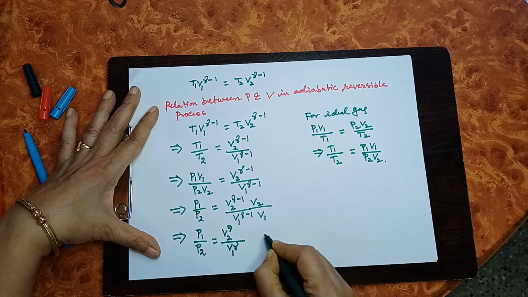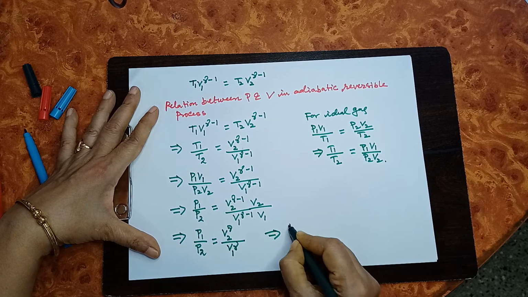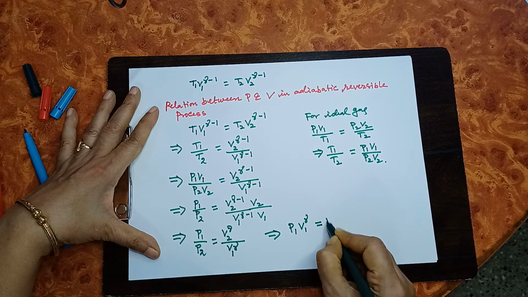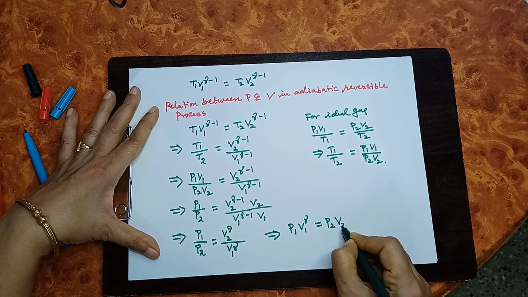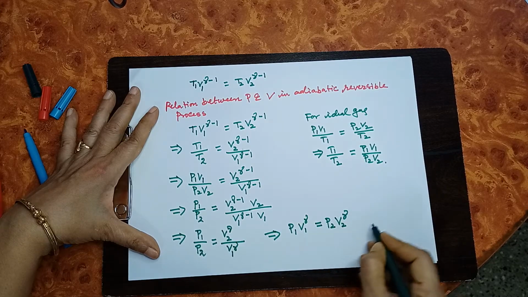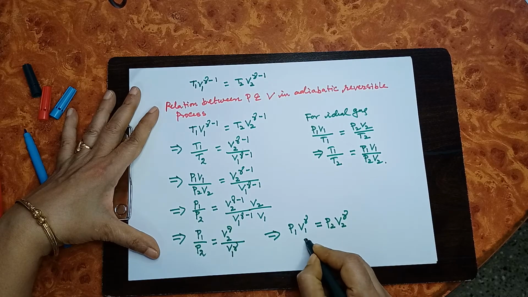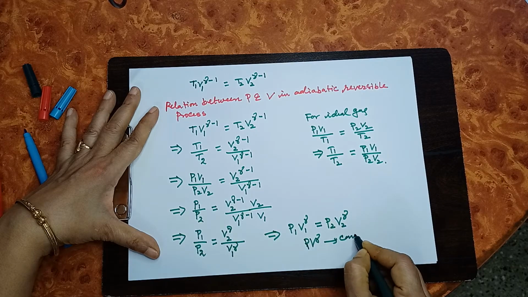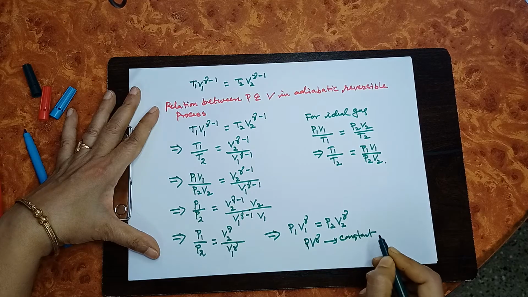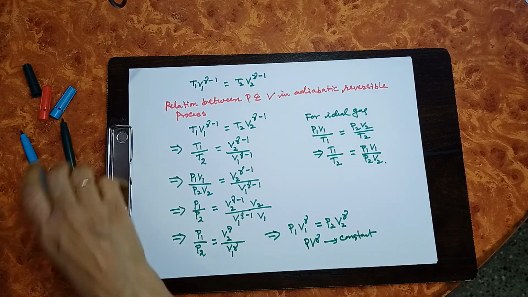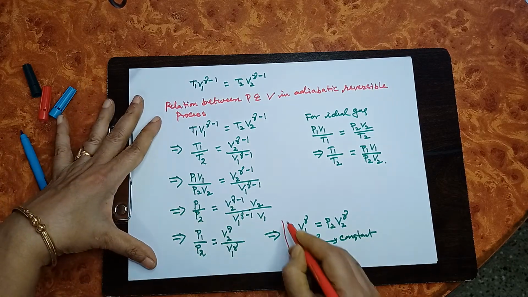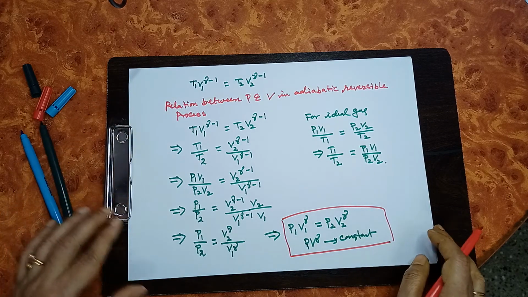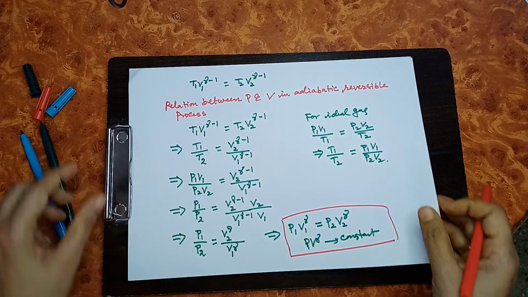So from this we can write P1 V1 to the power gamma is equal to P2 V2 to the power gamma, or we can write that PV to the power gamma is constant. This is the relation between pressure and volume in adiabatic reversible process, that is expansion or compression.